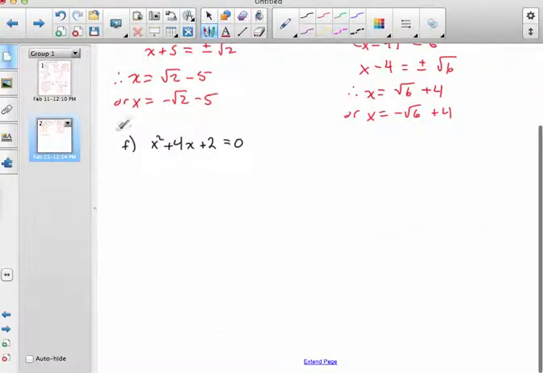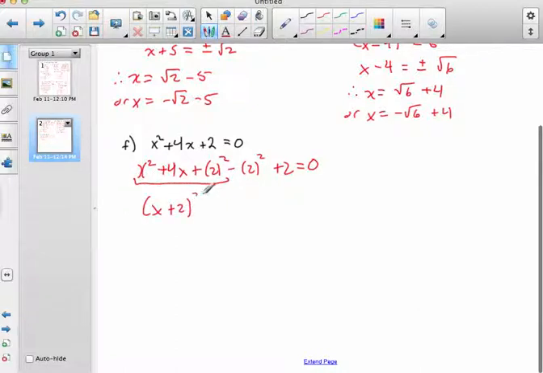And last one. x squared plus 4x. Half of 4 is 2, so plus 2 squared minus 2 squared plus 2 equals 0. This bit goes to x plus 2 all squared minus, now 4 plus 2, x plus 2 all squared.